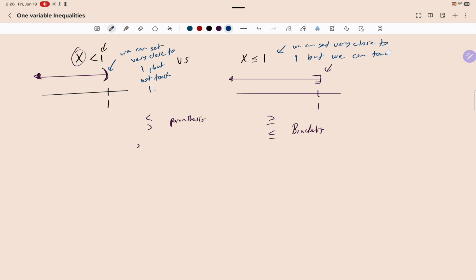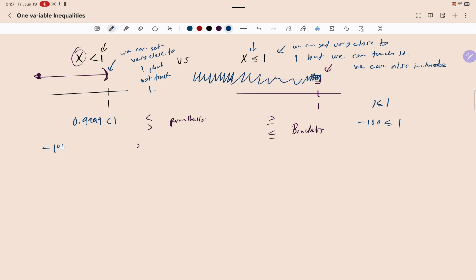In other words, we can also include 1, and not just close, but any number here works, including the 1, and it will make this a true statement, i.e. 1 less than or equal to 1, negative 100 is less than or equal to 1. Whereas here I could put 0.9999, it's still less than 1.